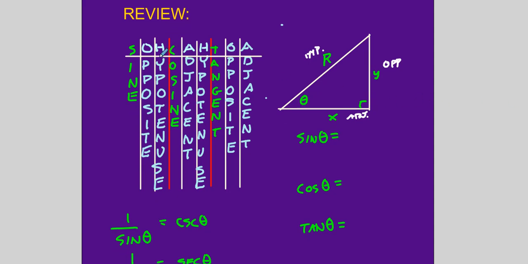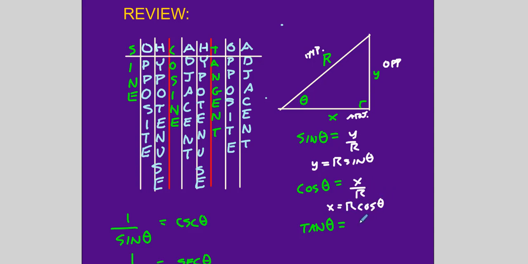So sine is opposite over hypotenuse, so from this diagram, sine theta is y over r. So therefore y is r sine of theta. Cosine theta is adjacent over hypotenuse, so it is x over r. So x is r cosine theta.